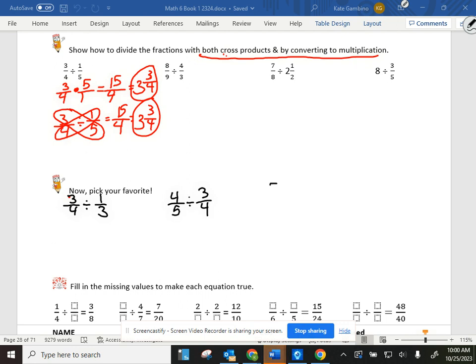Here we're going to do 5/6 divided by 3 1/3. And here we'll do 5 divided by 2/3. So you need to write those into your binder so you know what the problems are that we are working on.